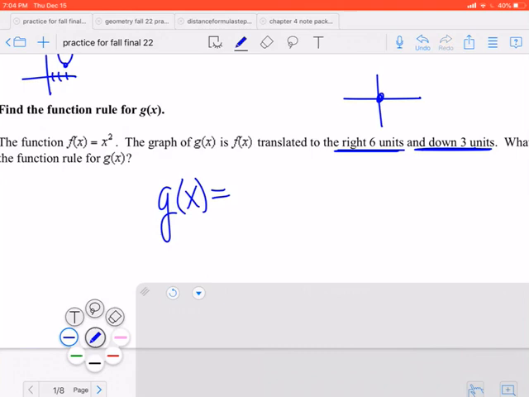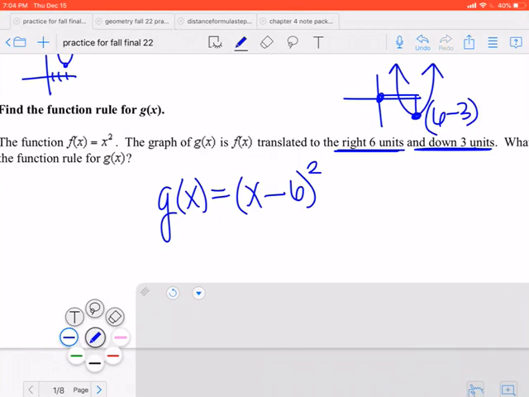If we go to the right 6 and down 3, there would be our new vertex, 6, -3. And there would be our parabola. So our equation would be x minus 6 quantity squared minus 3. Opposite same.